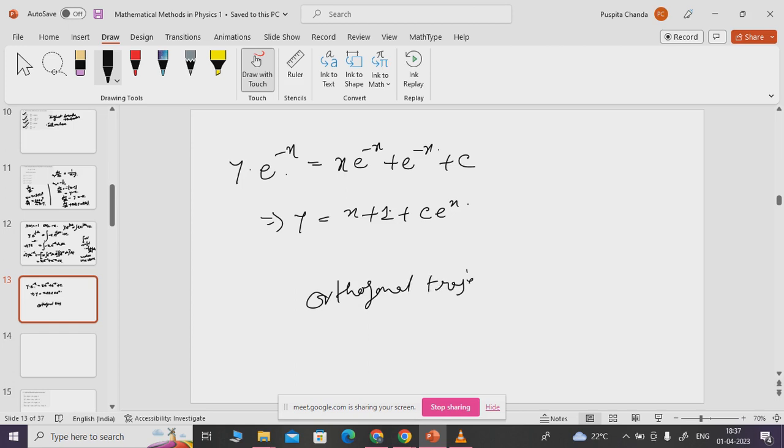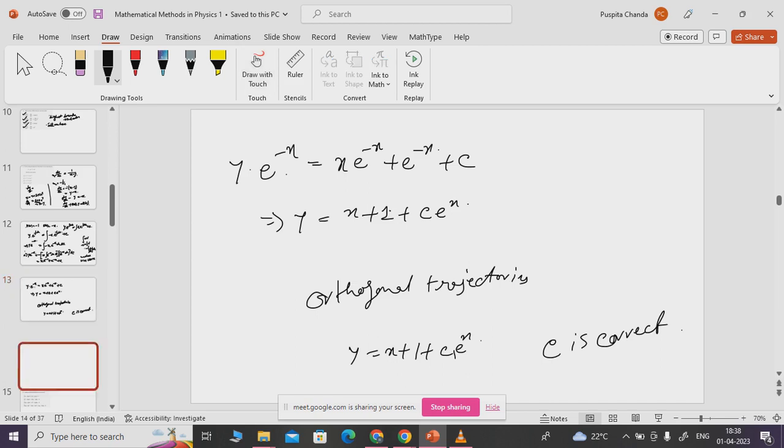So the orthogonal trajectories will be of the equation y is equal to x plus 1 plus c e to the power x. Here they have taken the constant as c1, so option C is correct.